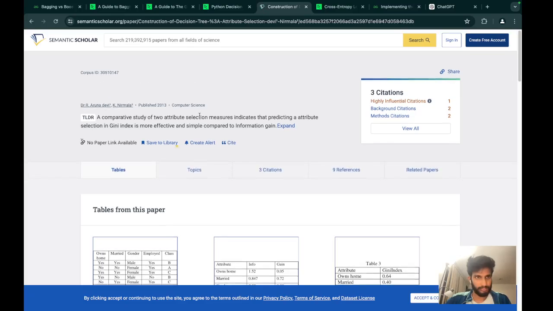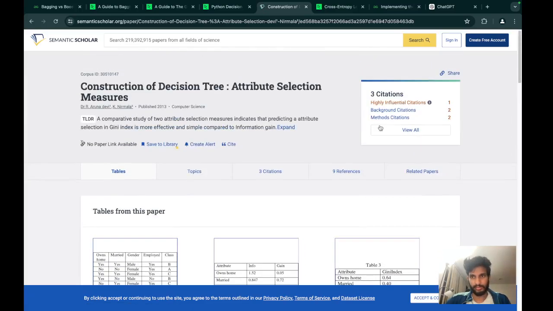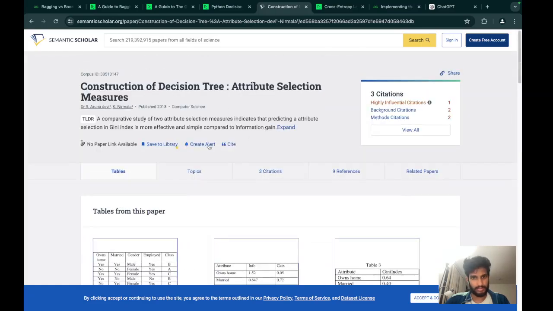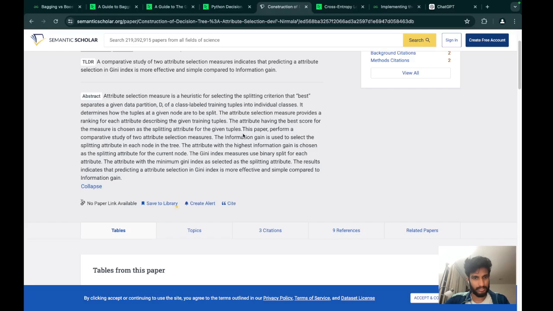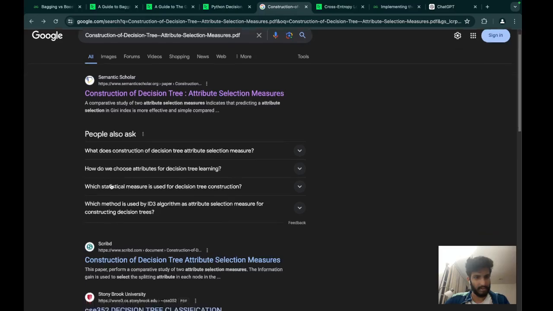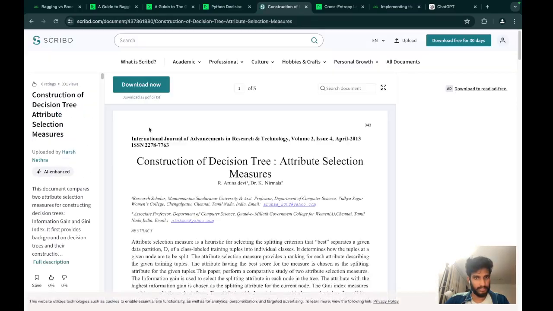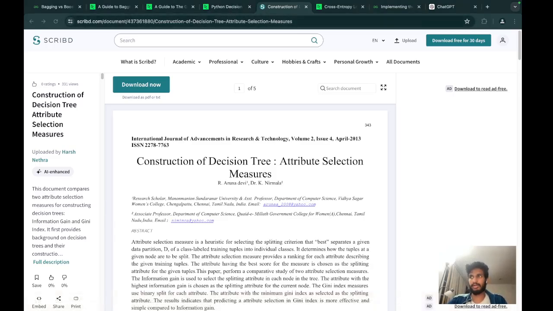Semantic Scholar. Can we see the paper? No paper link available. Let me just write to the author, that link is sending me to a slot machine or dating service.